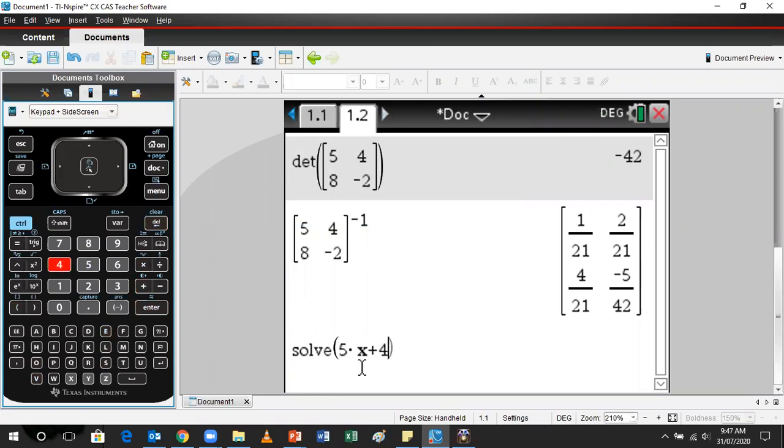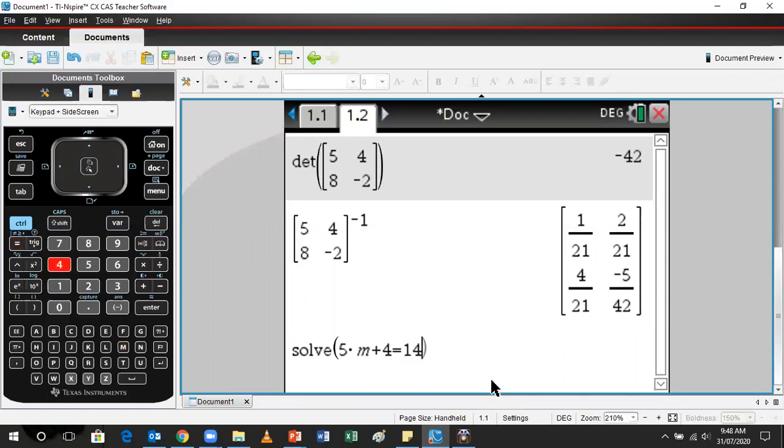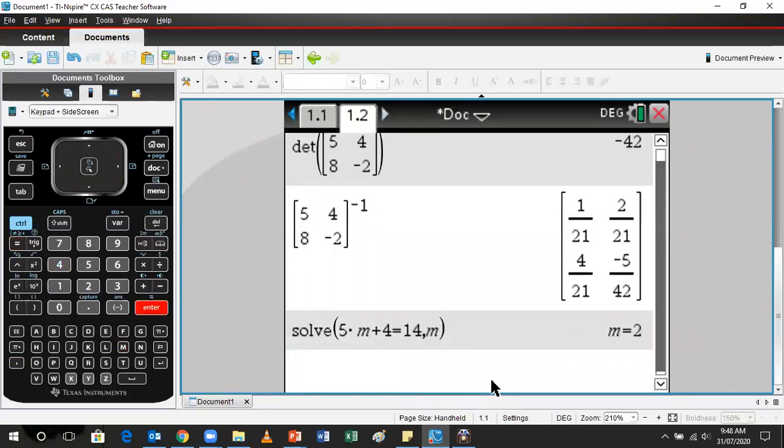Oh, the issue here is because I've used x somewhere else and saved it, it would have been in one of the previous exercises. Because I've saved x, it's going to remember x as one of the matrices instead of a variable. So technically, if you see it pop up as something weird, you can change it to another letter. Let's say I didn't use m yet: equals 14, comma m. So we're just changing the letter.